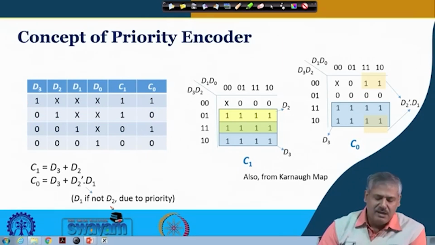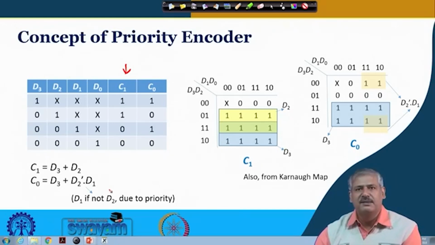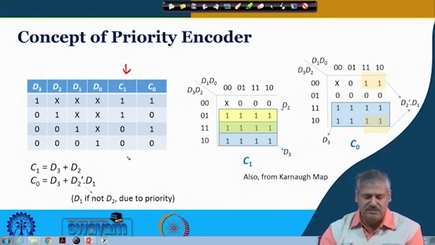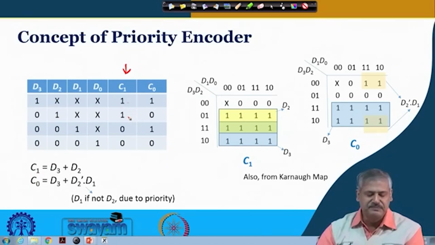Now, if you look at this, how can we get the realization of C1? One way, of course, is just looking at the combination and figuring out that C1 is D3 plus D2, right.